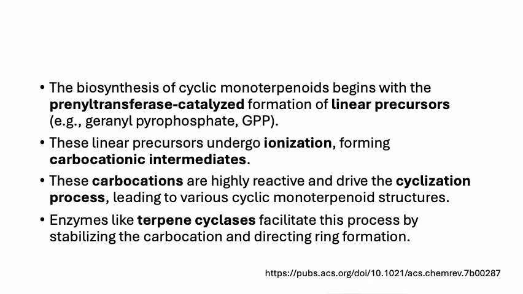When this geranyl pyrophosphate undergoes ionization, it can form a carbocationic intermediate. These are very reactive and that is what gets cyclized to form cyclic monoterpenoid structures. You also have a few enzymes like terpene cyclases that can help in the cyclization process by stabilizing the carbocation.